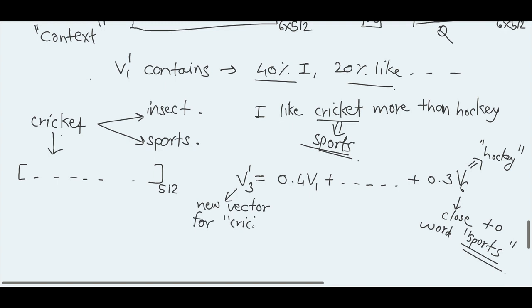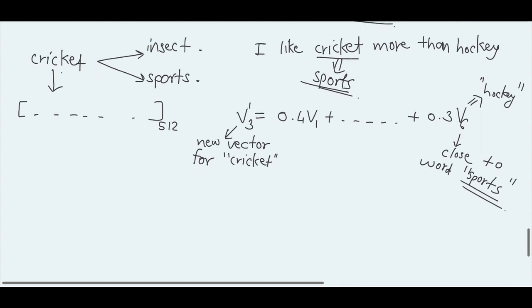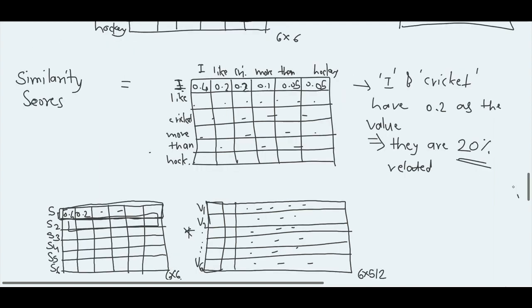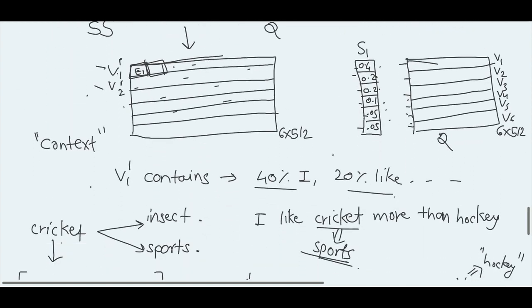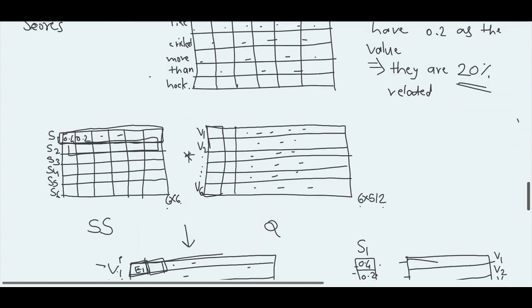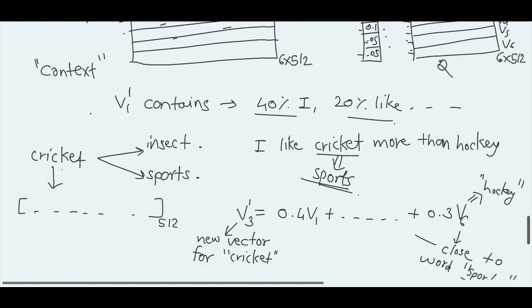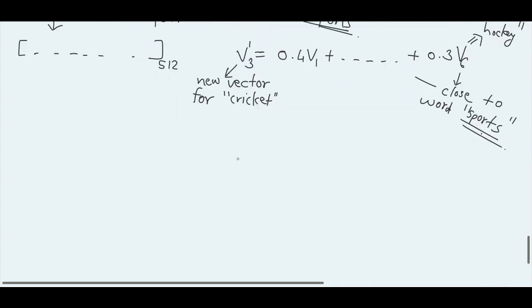So that is how these new word embeddings representing the word cricket are closer in their representation to the word sports. And this happened because we did all these self attention calculations. We calculated similarity scores, and then we took percentages of all the words according to their similarities.